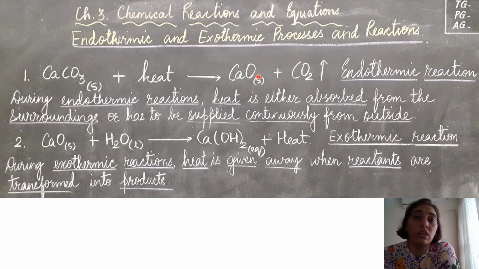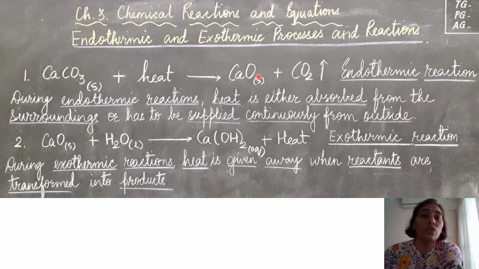So endothermic process can include either absorbing heat from the surroundings or the heat that we are going to provide them externally. So this is one example. We know the products calcium oxide and carbon dioxide gas.